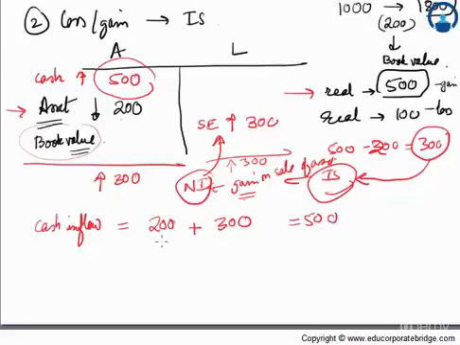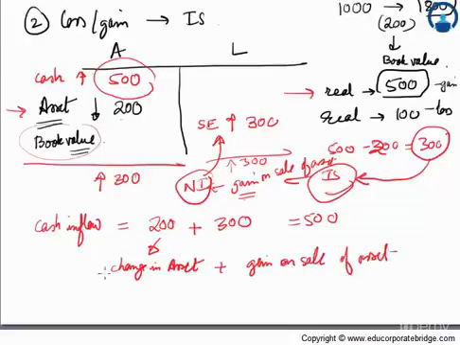If you want to write this in the form of a formula, or if you want to remember how you can apply this in a real case, this 200 is nothing but change in asset plus this gain on sale of that asset. Okay, so with this you will be able to calculate your cash inflows with respect to your sale of asset.